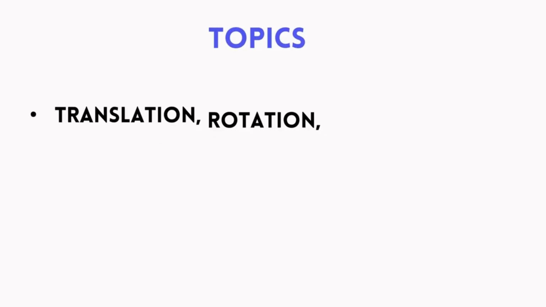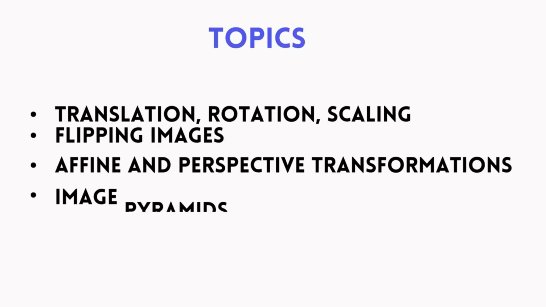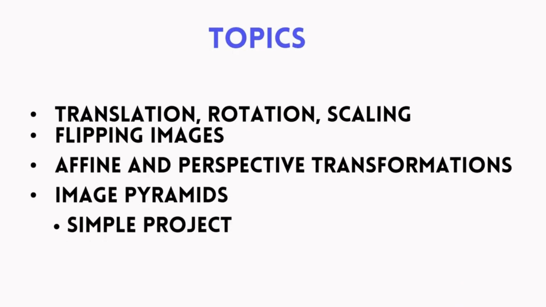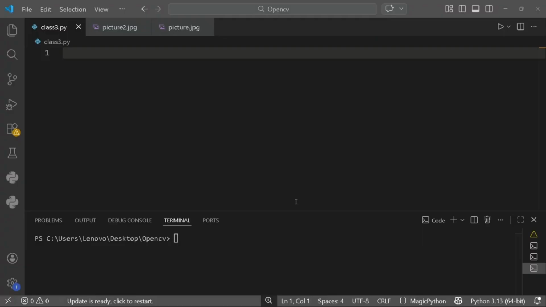By the end, we'll build an interactive transformation viewer where you can control angle and zoom in real time. So our first topic today is translation. Translation means shifting an image, like sliding a photo on a table. Pixels move, but their values stay the same.